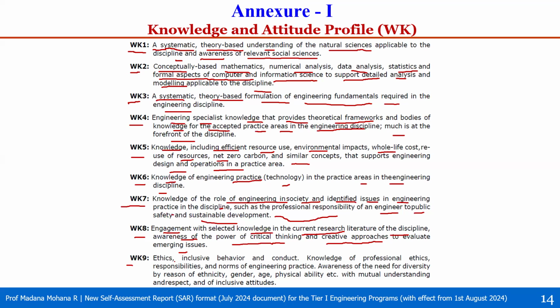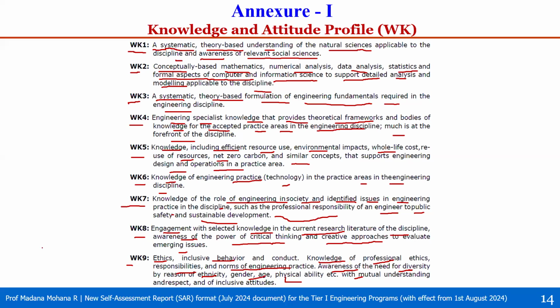Then the last one, WK9, ethics, inclusive behavior and conduct: knowledge of professional ethics, responsibilities and norms for engineering practice, then awareness of the need for diversity by reason of ethnicity, gender, age, physical ability, etc., with mutual understanding and respect and of inclusive attitudes.